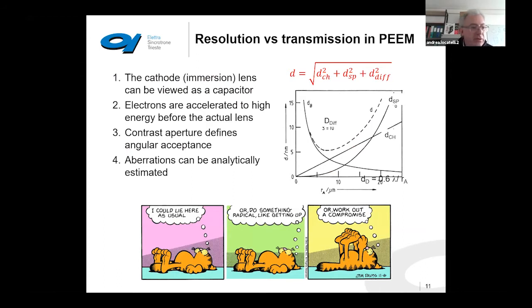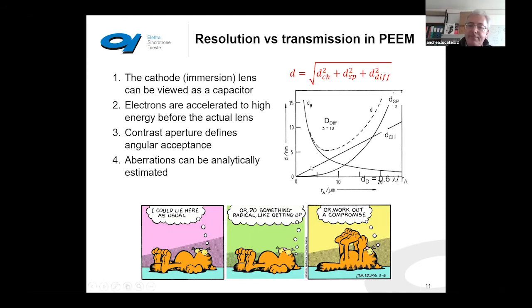Just a brief amendment. I want to tell you that in the PEEM, the resolution always has to be traded with transmission. You can see here in the view graph a figure which quantifies the circle of confusion created by a point source.